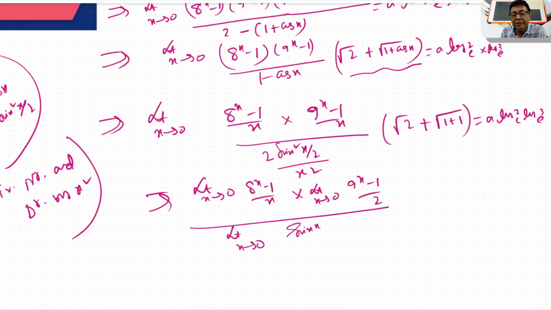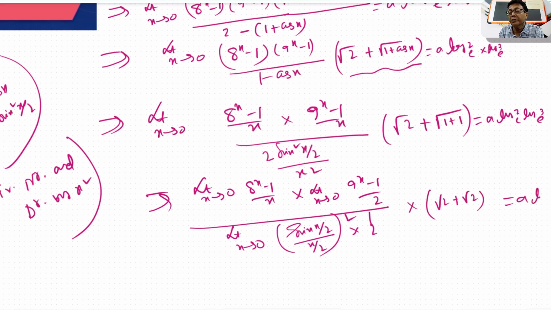So you write (sin x by 2 by x by 2) whole square. It's coming 4, but there was 2, so you need to multiply it by half. And this is root 2 plus root 2 equal to a log 2 base e, log 3 base e.